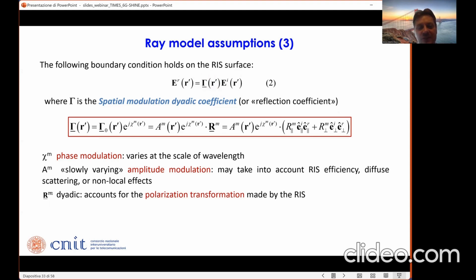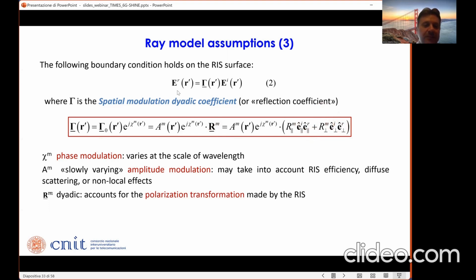This coefficient in general is a matrix or a dyadic and not simply a scalar coefficient. In this way, we are able also to address the case of RIS which is able to transform the polarization of the incident wave into a different polarization.